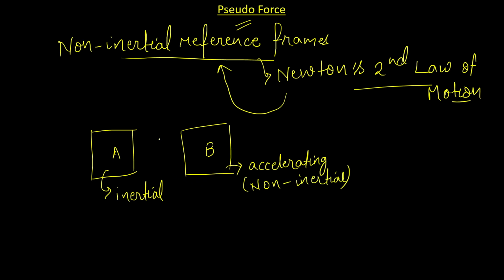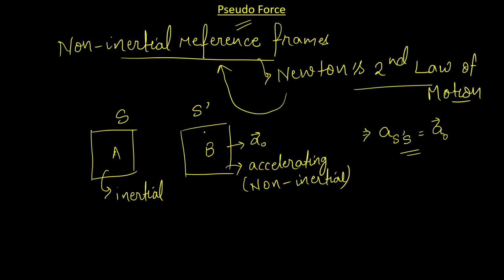Now I've already considered this as A and this as B, or say this is S and this is S dash. Now I'm letting the acceleration of S dash with respect to S be A naught vector. Suppose this is accelerating with an acceleration of A naught in this direction with respect to this inertial frame A or S. So this is already given.